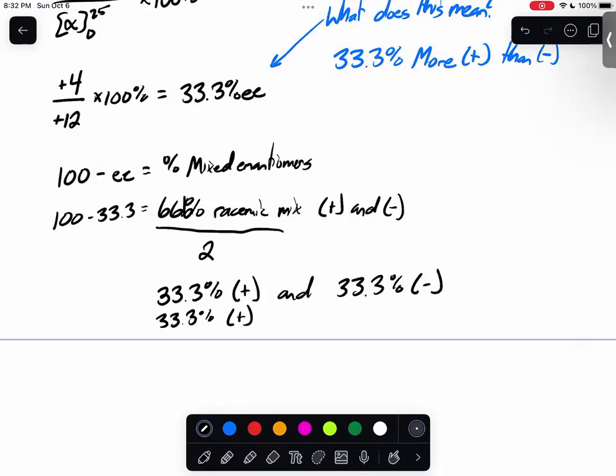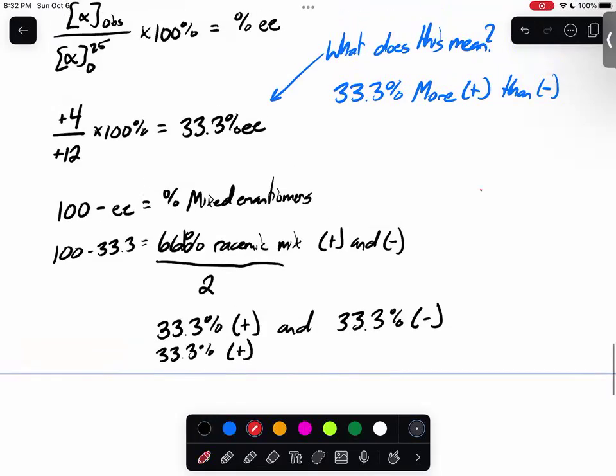So in the end, what this is saying for us is that overall, we have 66.6% of the plus enantiomer in solution, and we have 33.3% of the minus enantiomer in solution.